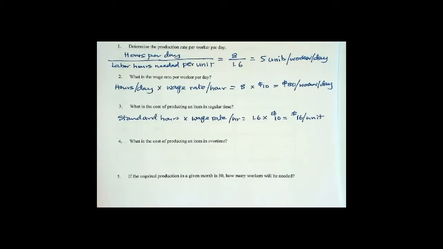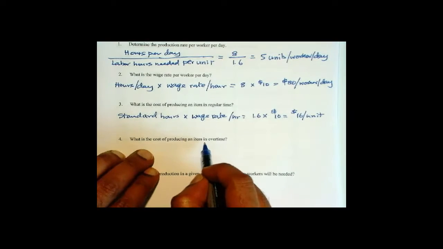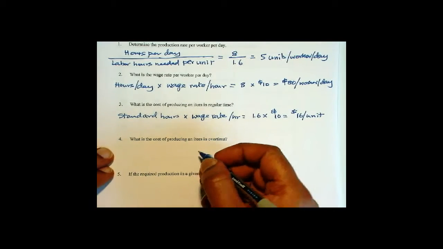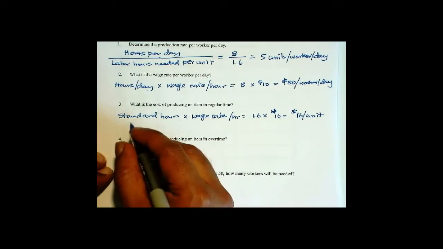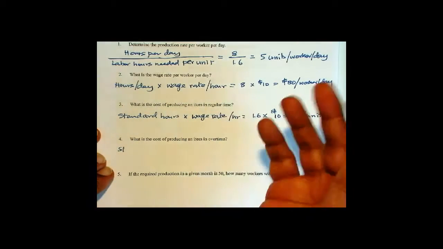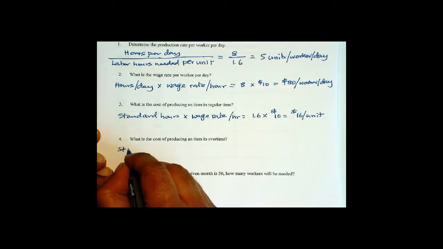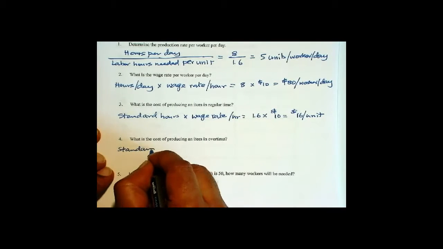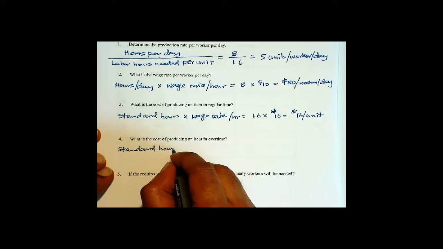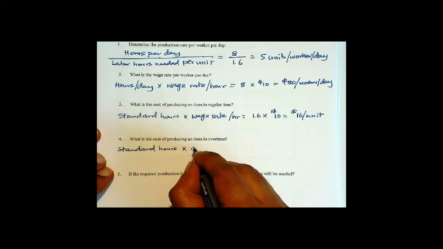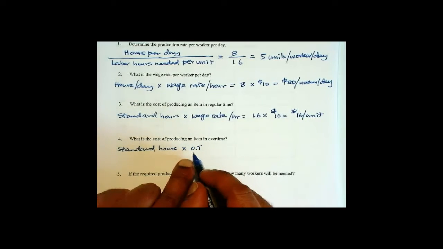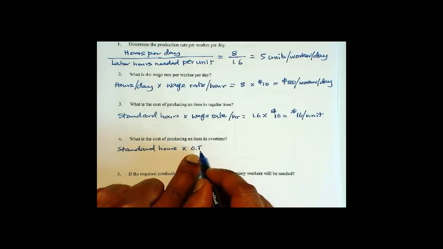Next is, what is the cost of producing an item in overtime? So that will be the same as here, except that the wage rate is going to be the overtime wage rate. So standard hours times overtime wage rate per hour. I'm going to use O.T. to mean overtime.